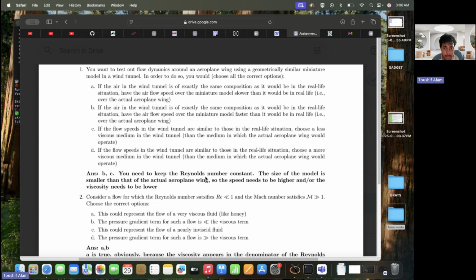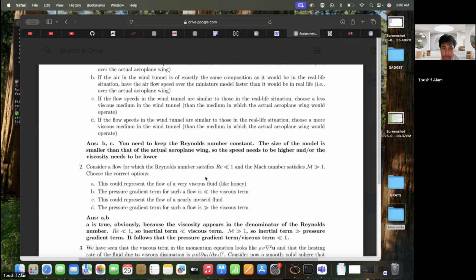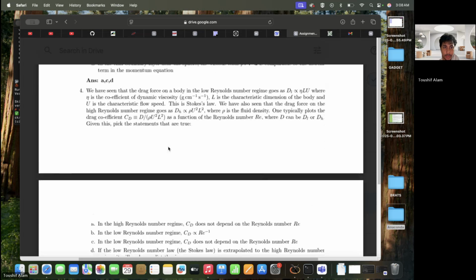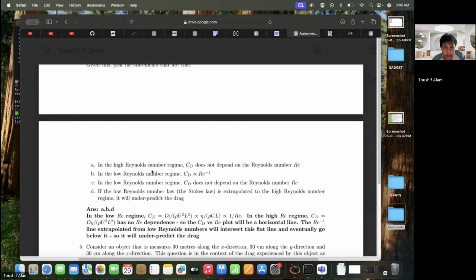So for high Reynolds number, if you remember the plot, the low Re regime is governed by 1 over Re.